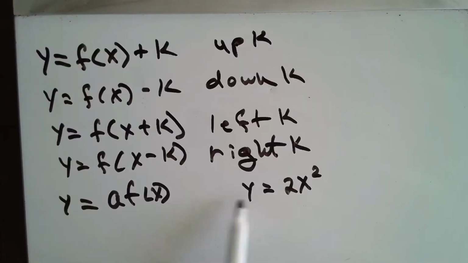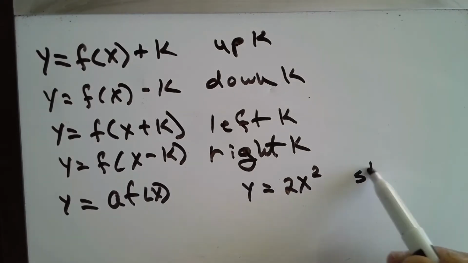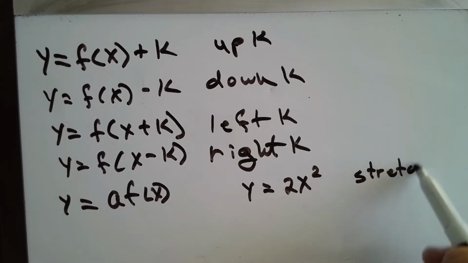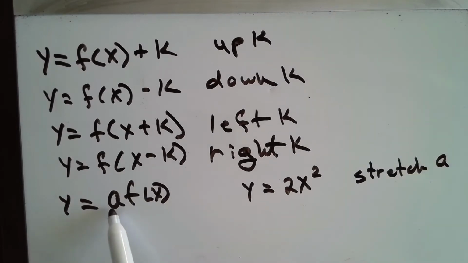And if we have a times a function such as y equals 2x squared, what's this going to make it do? Yeah, it's going to vertically stretch by a units. So if it's a fraction, it's actually going to flatten it out, or compress it.